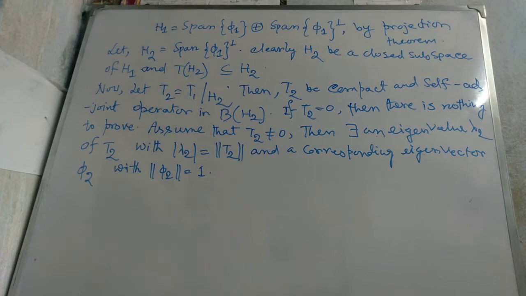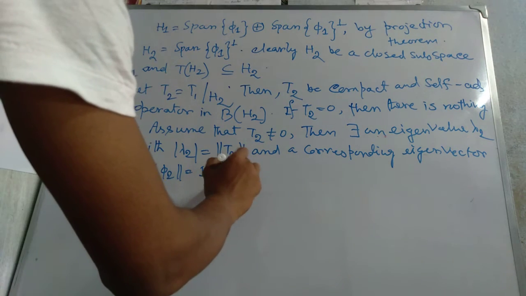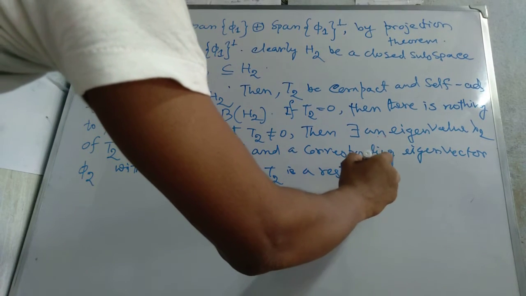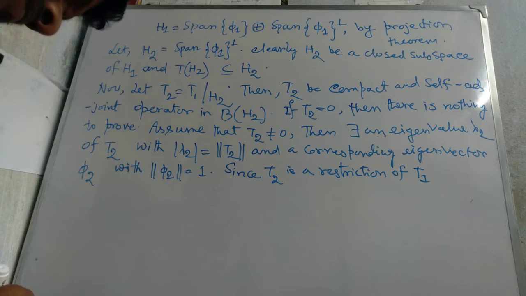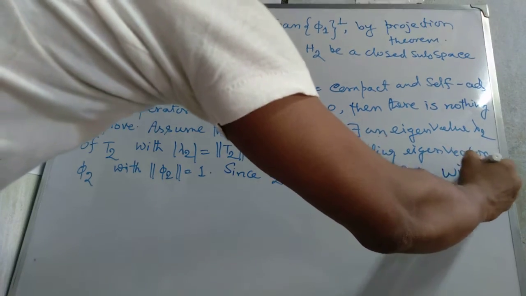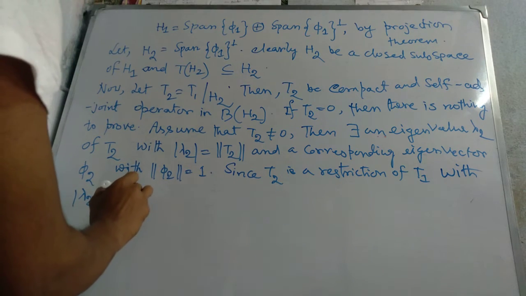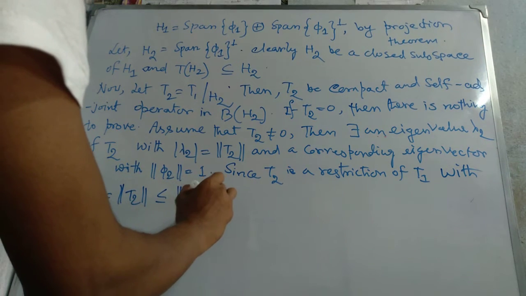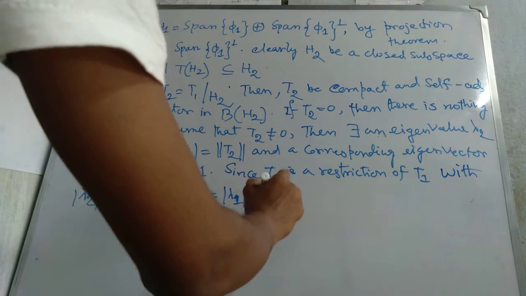Since T2 is a restriction of T1, the modulus of lambda 2 equals the norm of T2, which is less than or equal to the norm of T1, equal to the modulus of lambda 1.